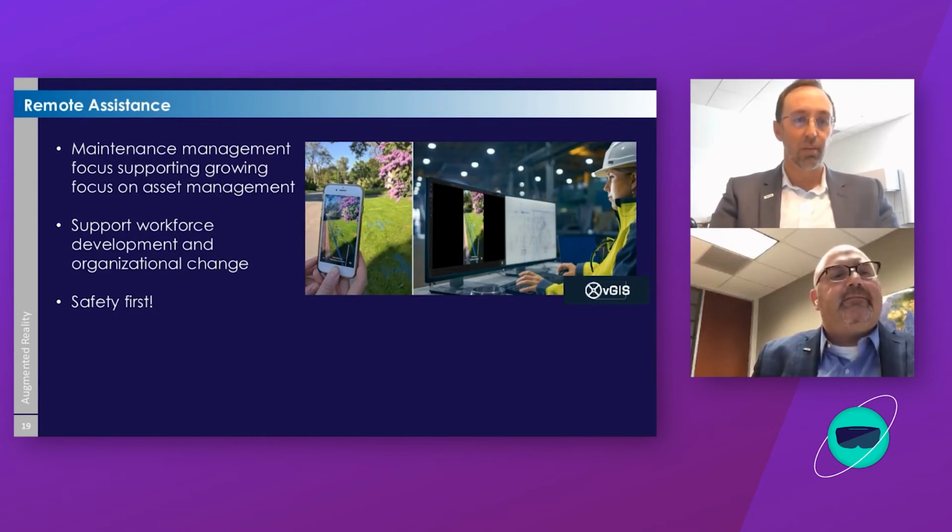The next use case that we've seen a lot of advancements and adoption in is remote assistance. This is really important for a lot of reasons. Maintenance management, staff turnover, knowledge transfer, and also support for maintenance activities in the field.